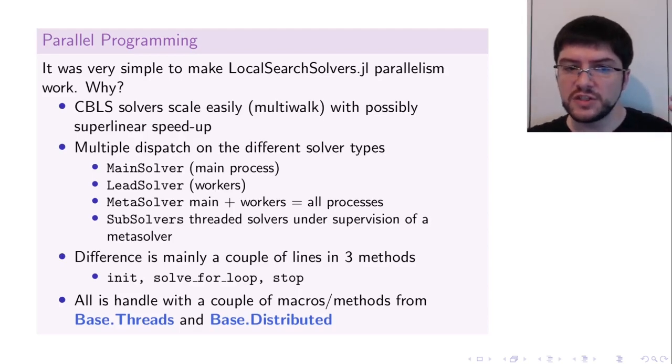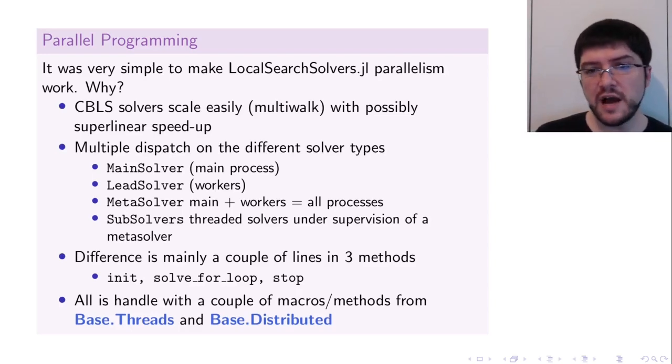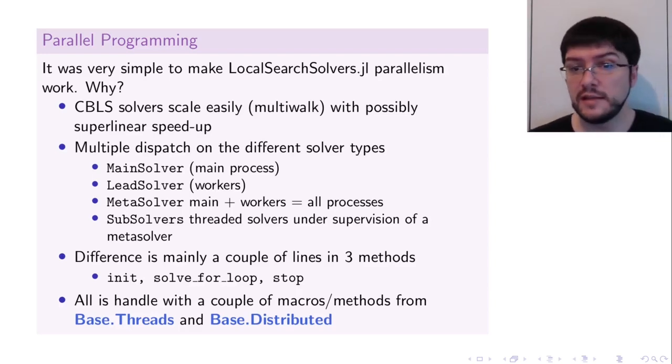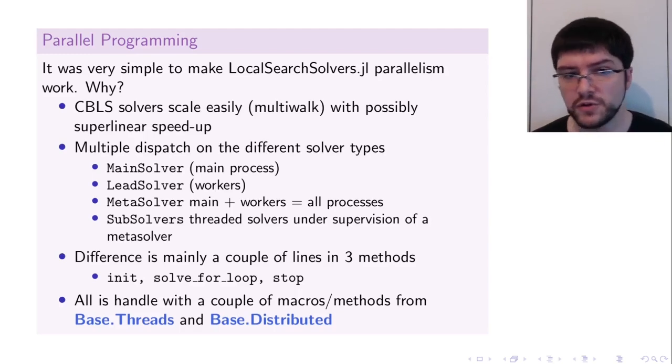And then we just had to multiple dispatch a few methods, three actually, on the different solver types. So we have init, where we create a different solver depending on whether they are main, lead, meta, or subsolvers. Then we have the solve for loop, that is just a loop to basically dispatch the different solvers, depending on their nature, to the different threads and processes.